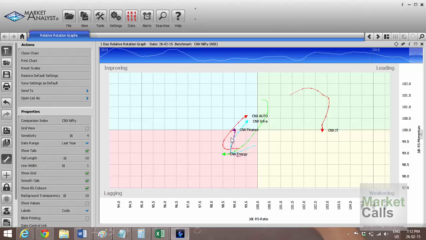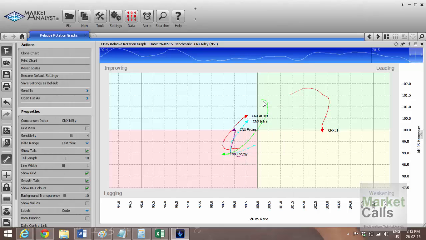Once again, you can see the infrastructure is moving from the lagging to the improving quadrant, the blue one. It means possibly the budget could be positive for the auto and infrastructure sectors in the medium term.